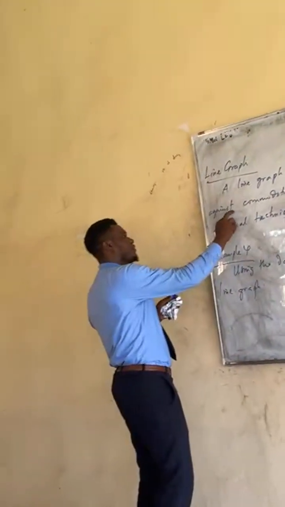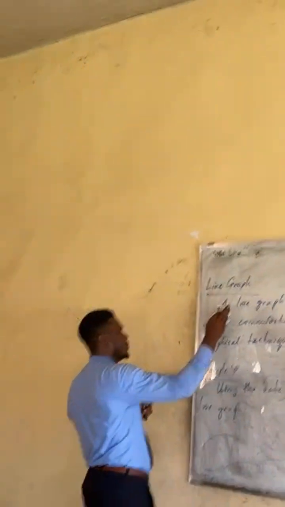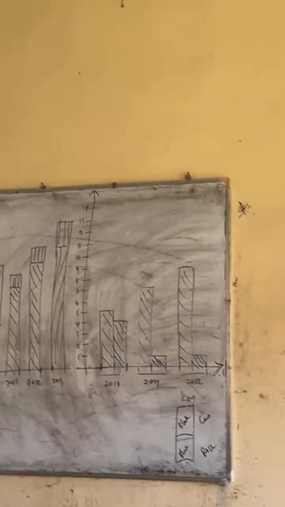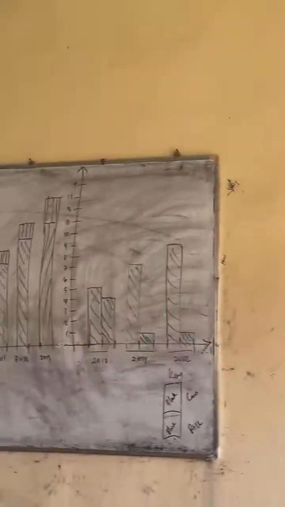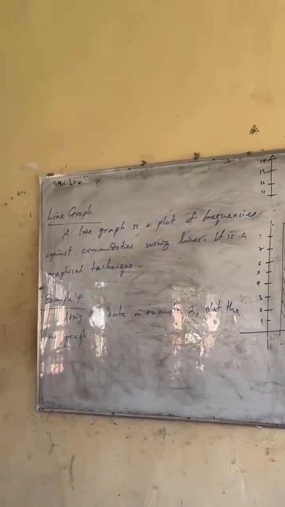All you would have to do, have you written this definition? Yes, sir. Can I write it? Okay. After the line graph is which one? Pie chart.